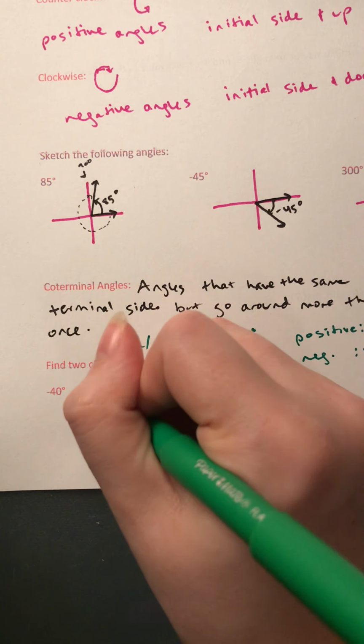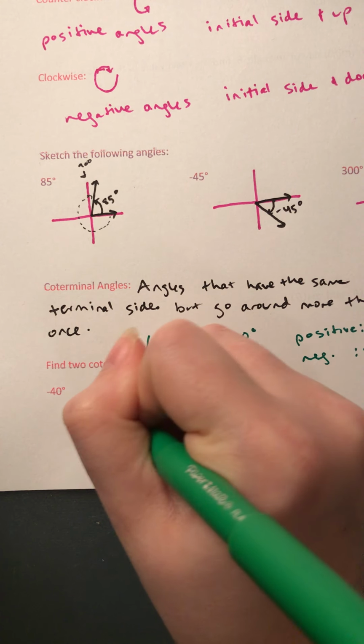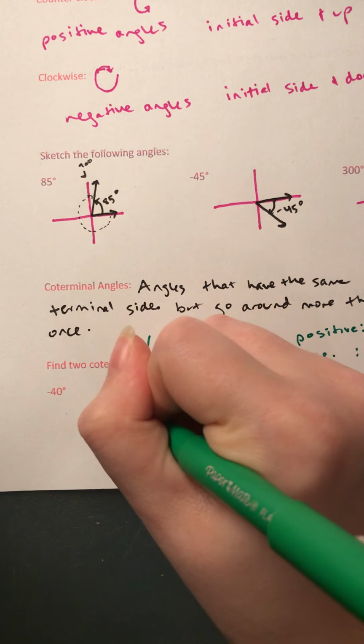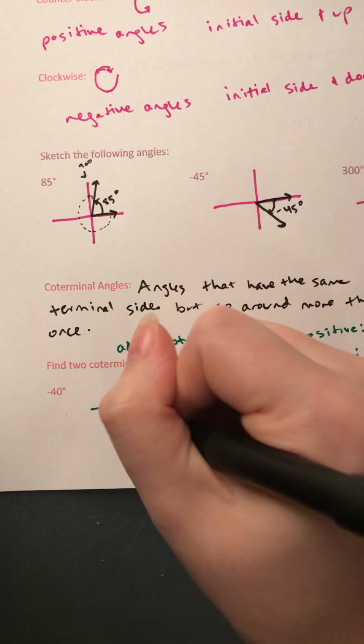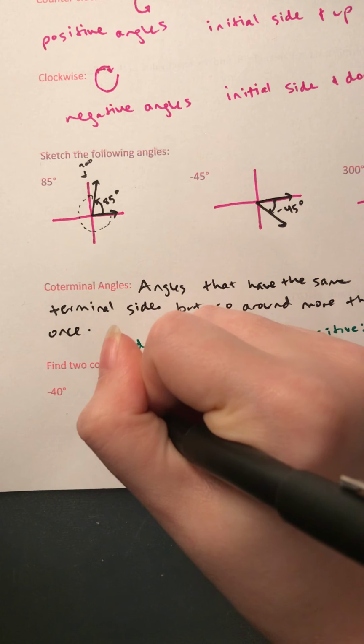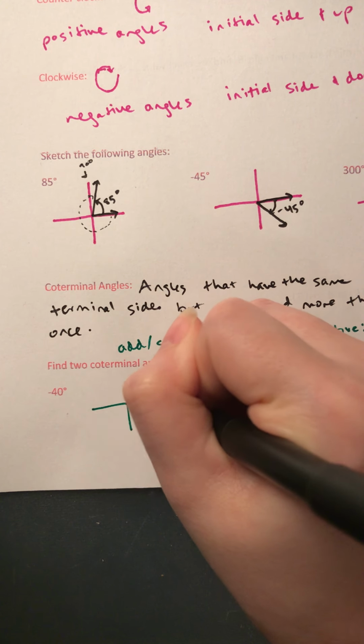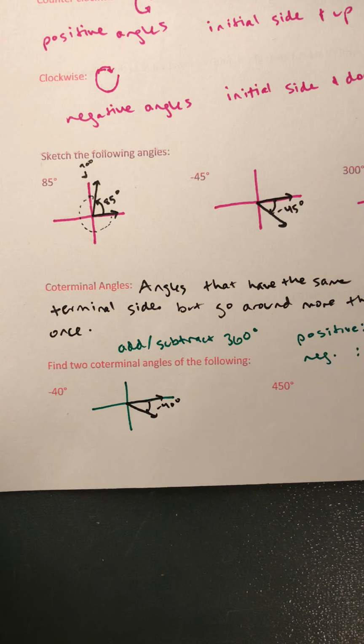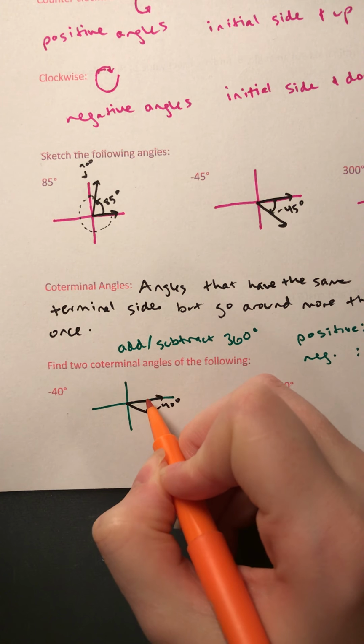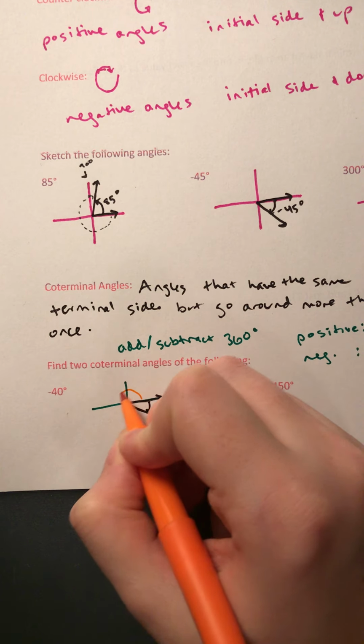All right, so if we think about it, I'm just going to sketch this real quick. Let's call negative 40 degrees. It's a little bit less than 45, so a little bit less than halfway. So we'll call this negative 40 degrees. So coterminal means let's start with your initial side, and we could go positive.